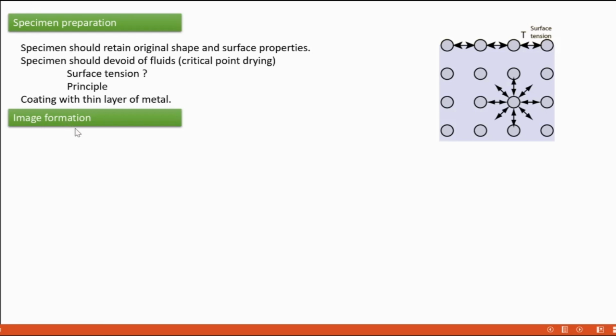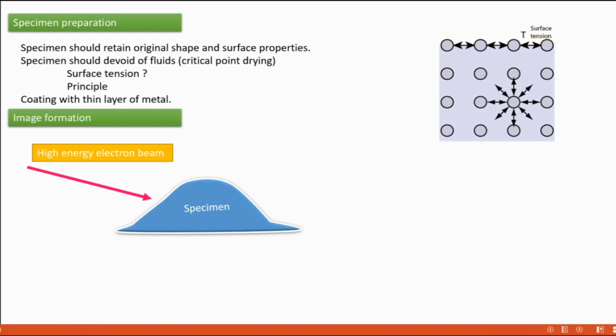Then regarding the image formation. Suppose this is the specimen and the electron beam is coming and scans over the specimen surface and produces certain signals.